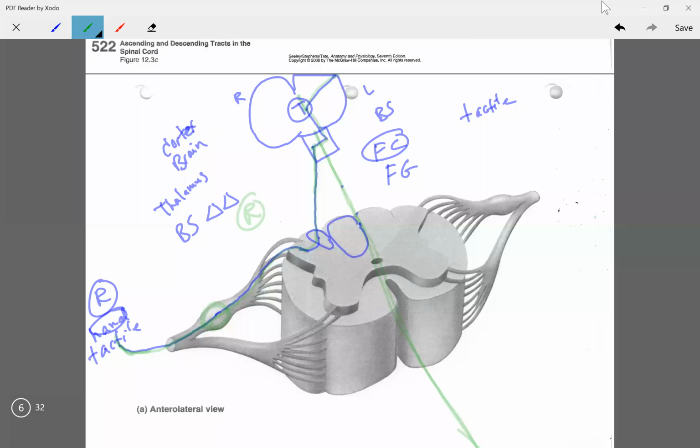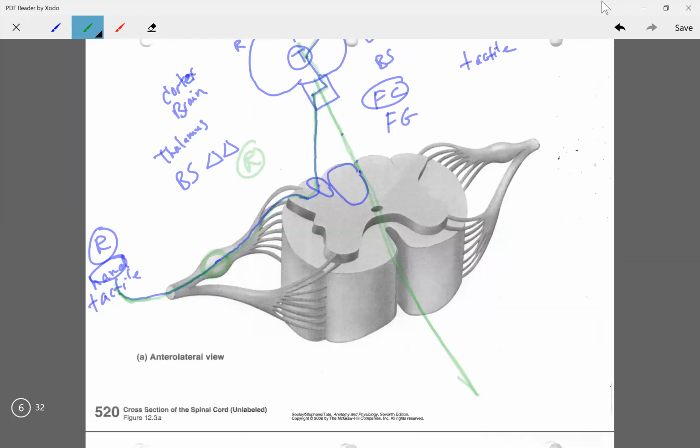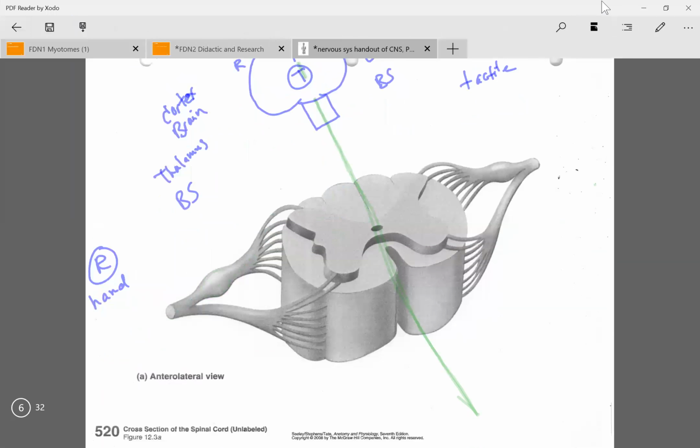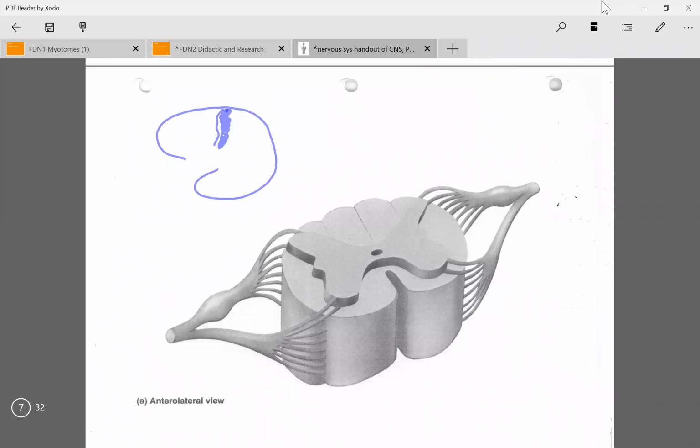Now let's do the same thing, but on the left side. It's really the same thing, just on the left side.